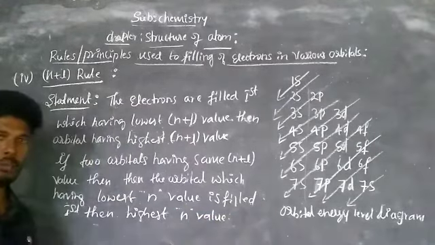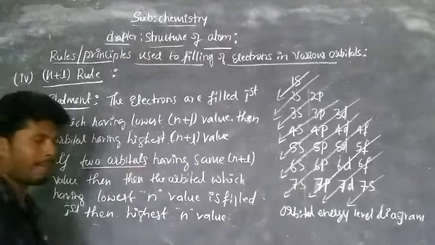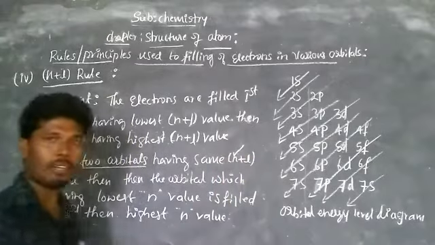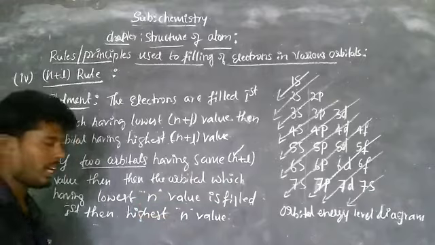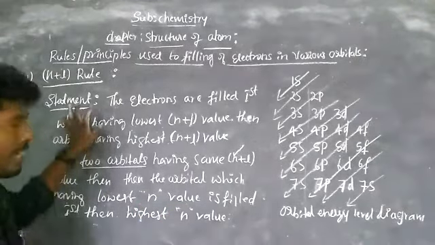So this is the rule. If any two orbitals have the same n plus l value, then the orbital with the lowest n value is filled first, then the orbital with the highest n value. Okay, so this is the statement of the n plus l rule.